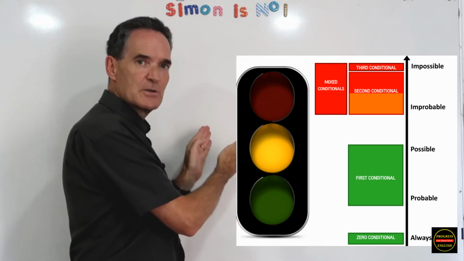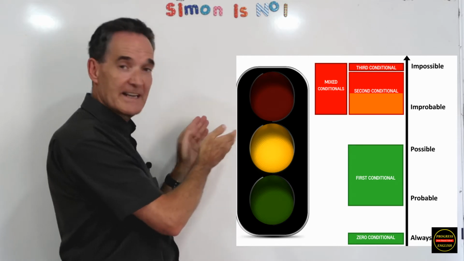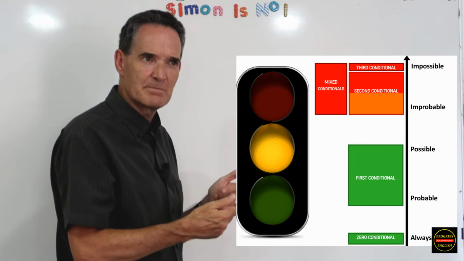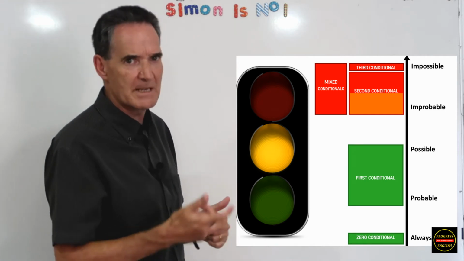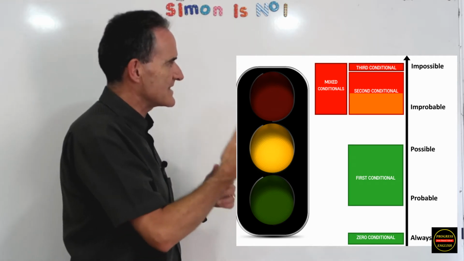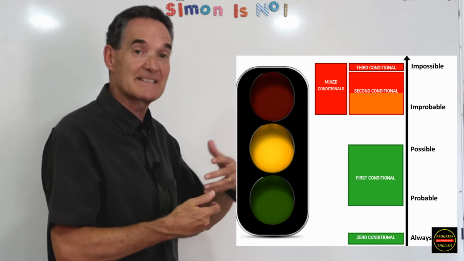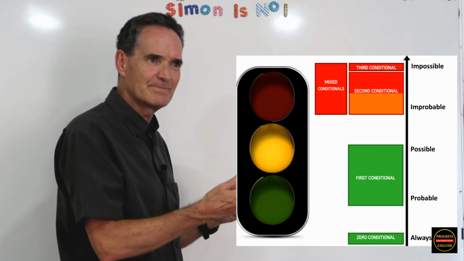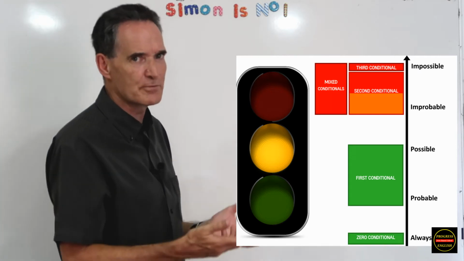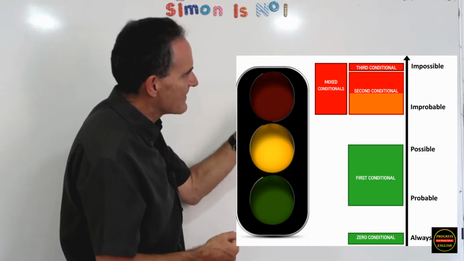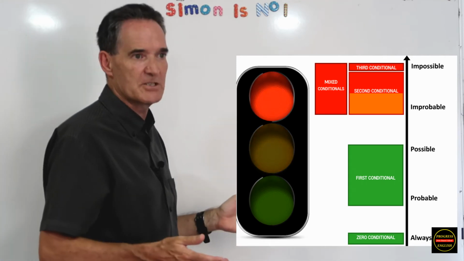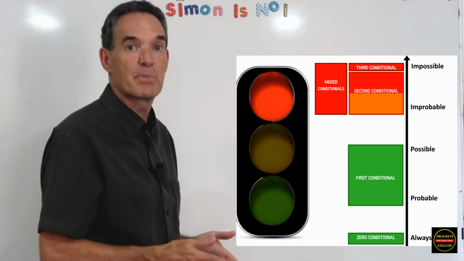This relates to the traffic light we have here in amber, which means, of course, that maybe you can go, but maybe you have to stop. So this gives us the idea that a second conditional is for things which are maybe possible, but improbable.